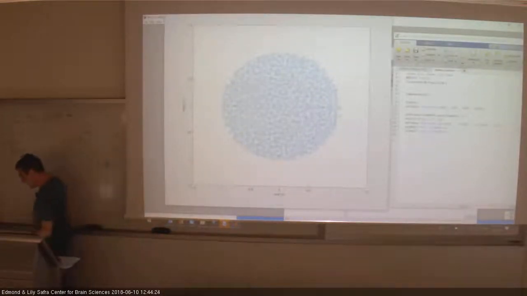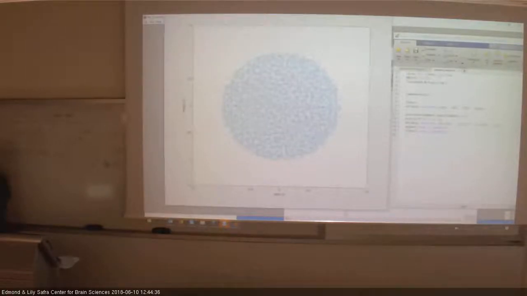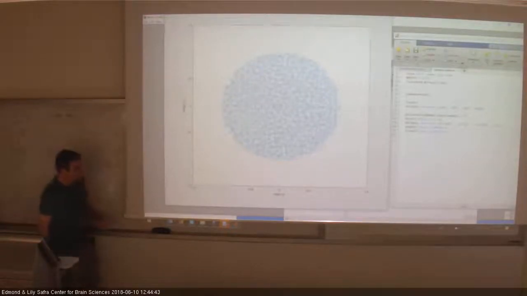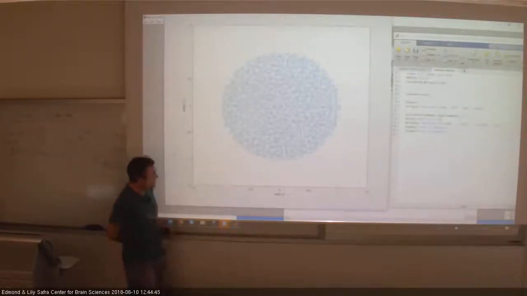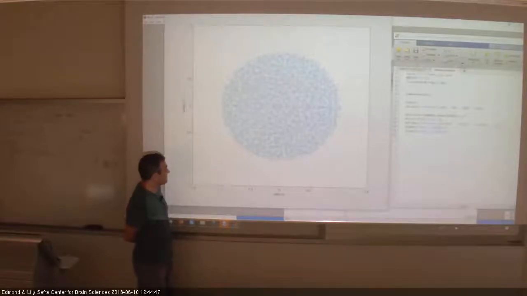Last week I told you that the distribution of connections in the brain is not normal. It is log normal, or maybe log normal. So one may want to know what will happen if we consider a different distribution.